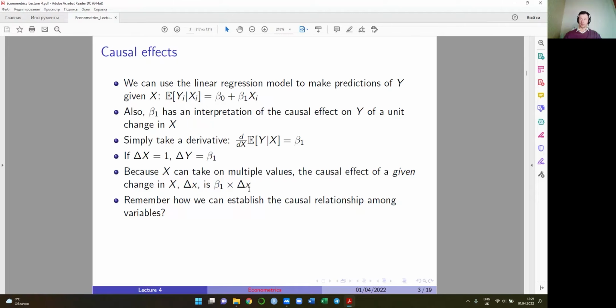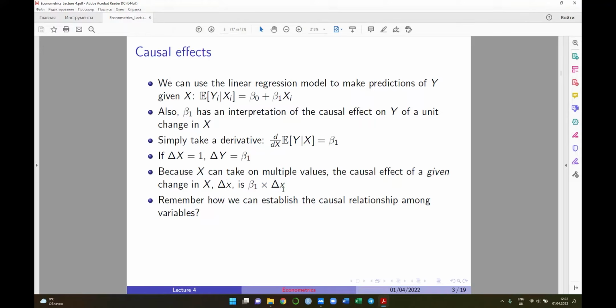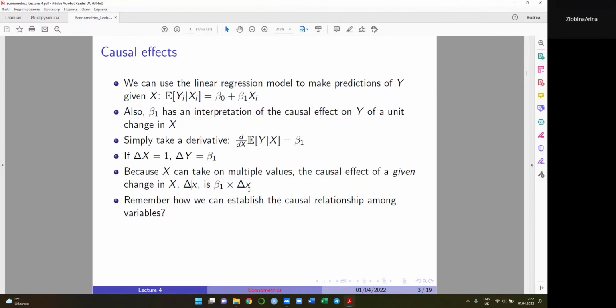If somebody remembers, how can we establish the causal relationship among variables? So what must be done practically if you want to ensure this causality? How exactly must the data be obtained?